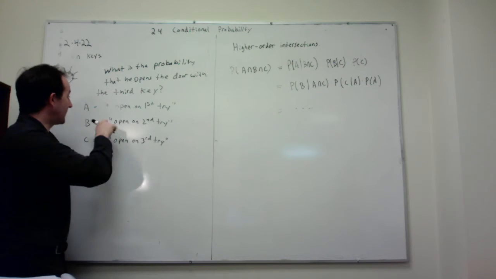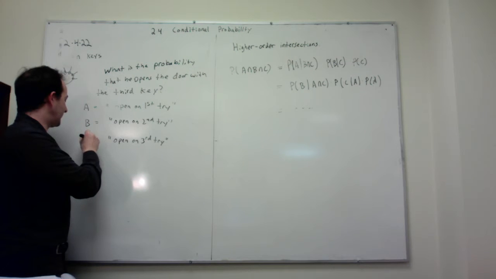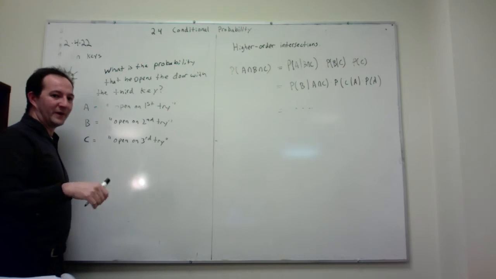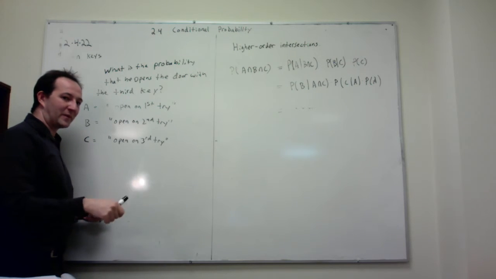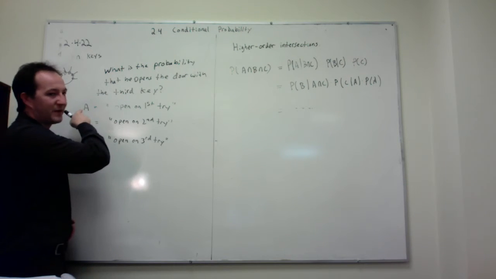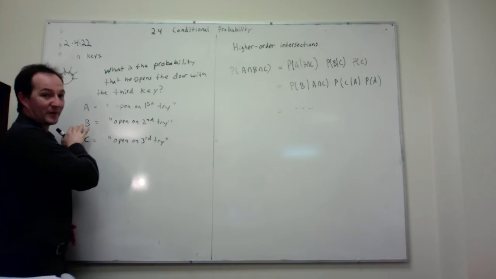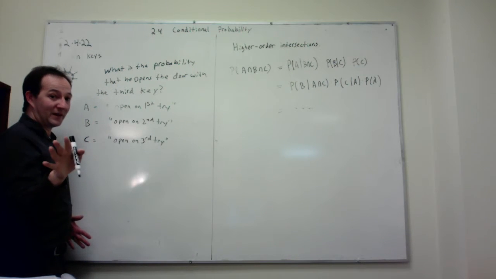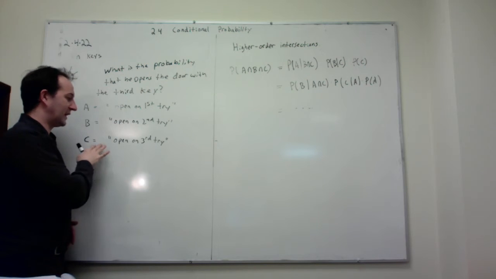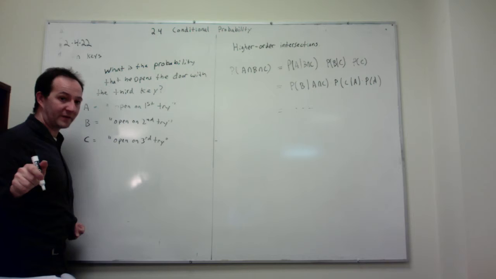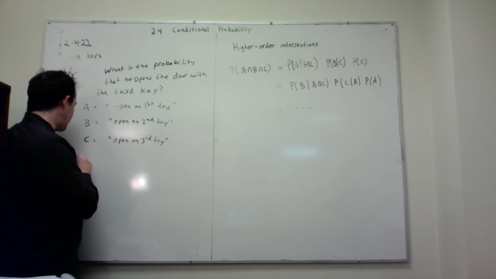So the experiment is: the drunk guy stumbles home and tries his keys. If he opens it with the first key, the event A occurred. If he opens it with the second key, the event B occurred. If he opens it with the third key, then the event C occurred. So what we're trying to find now is P of C.